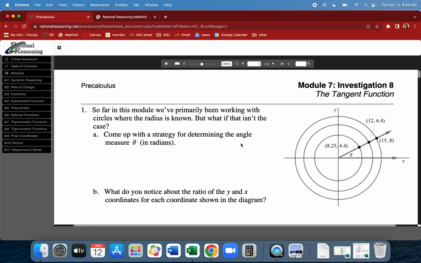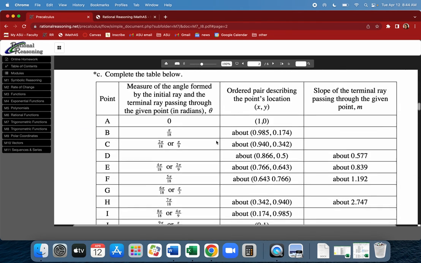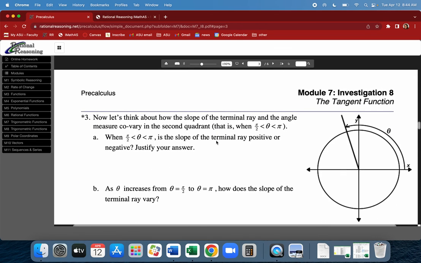I can continue on past 90 degrees, right? Past 90 degrees, if I'm in the second quadrant, and there are pictures of it in here, that terminal side has a negatively sloped line. This line from left to right is going down. If it's extremely close to that vertical line, it's extremely negative.